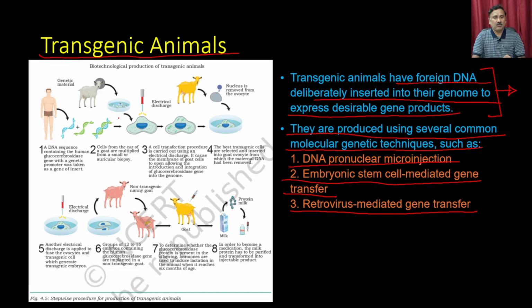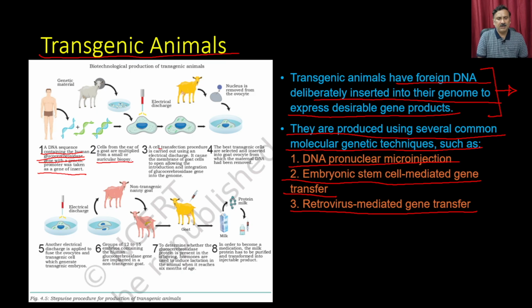So, in a particular transgenic animal protocol, you are going to isolate the gene from the organism. A DNA sequence containing the human gene is isolated, the gene of insert. Then cells from the ear of a goat are multiplied from a small auricular biopsy.